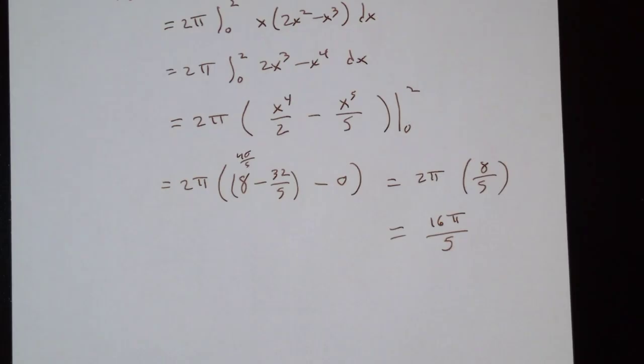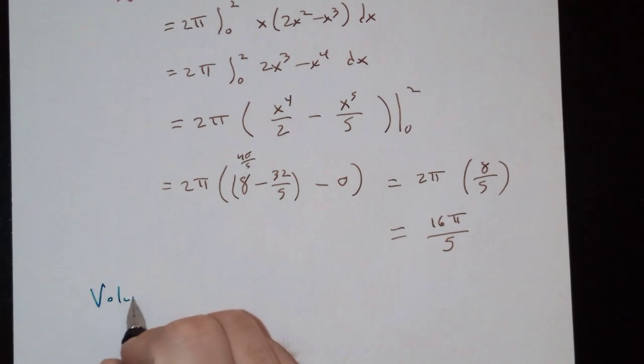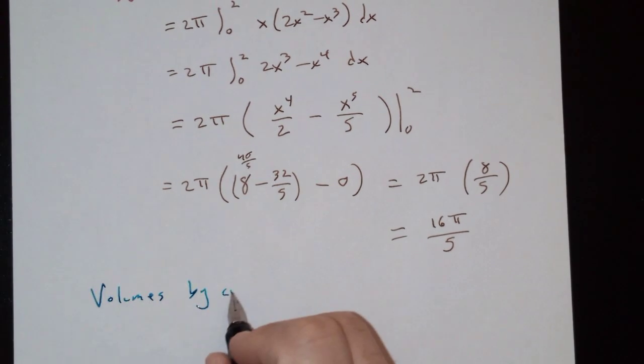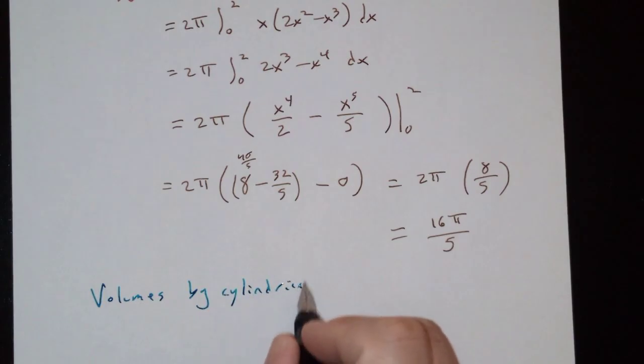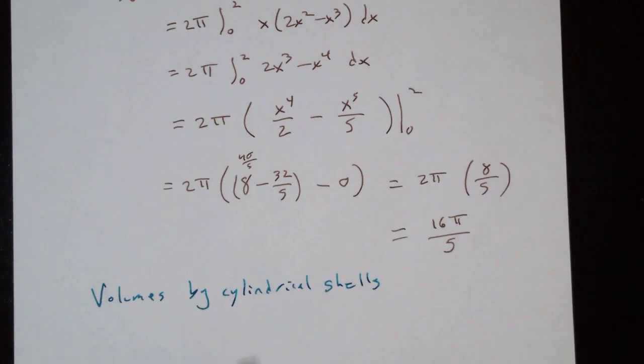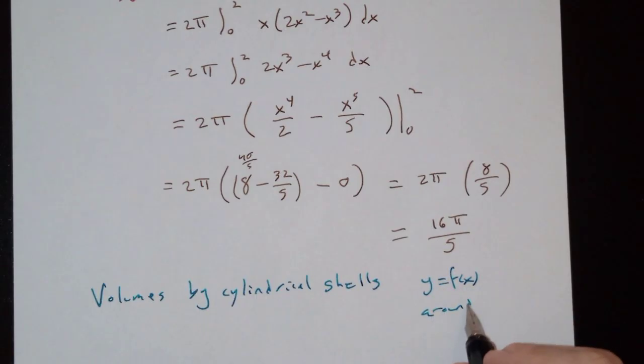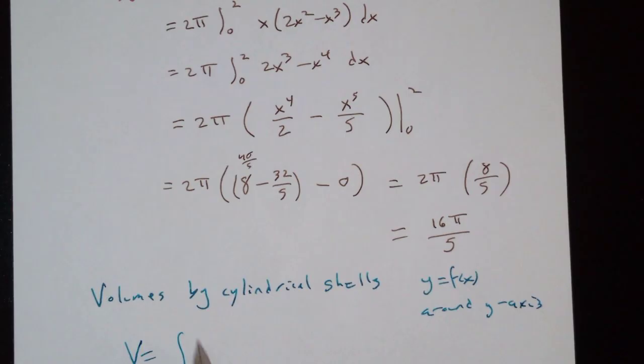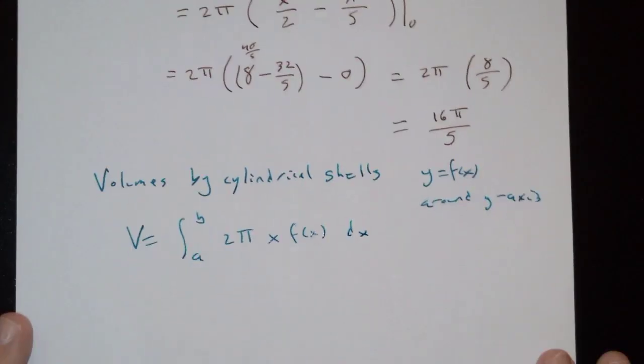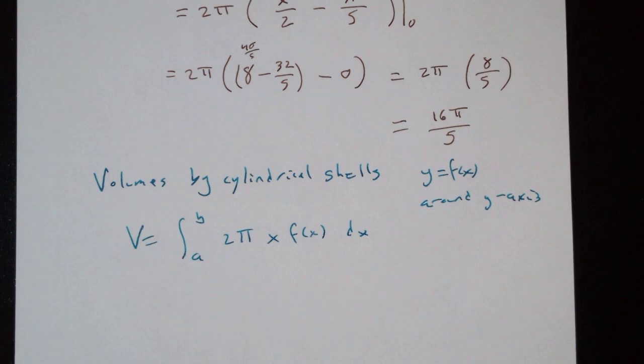In general, if I'm making a cylindrical shell around the y-axis, then I'm going to do 2 pi r.